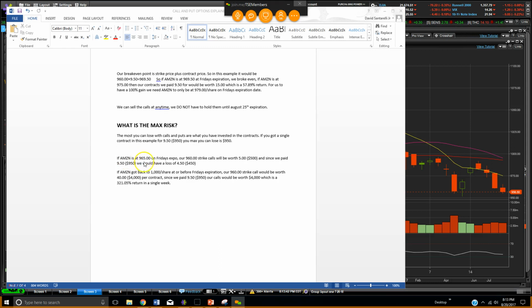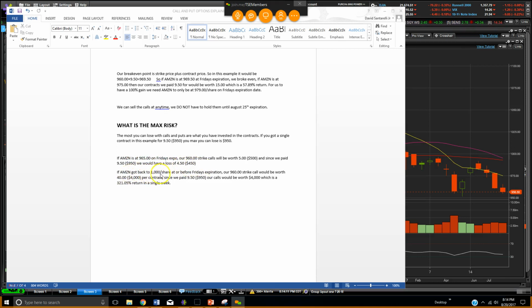So again, the max risk. If Amazon is at 965 on Friday's expiration, we bought the 960 strike calls. So our calls will be worth $5, which is $500. Remember, I said you have to multiply that by 100 since there's 100 shares in a contract. Since we paid $950 for it, we have a loss of $450.